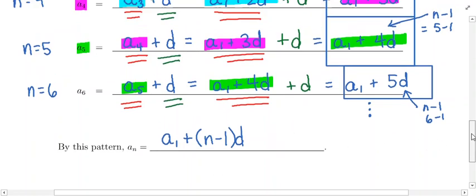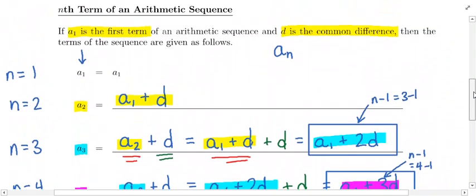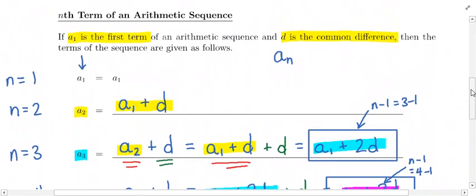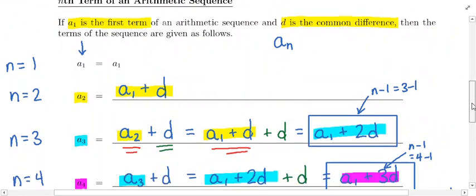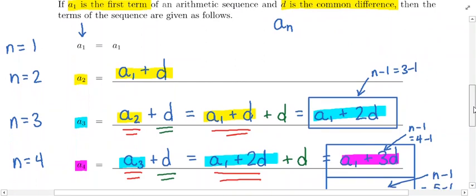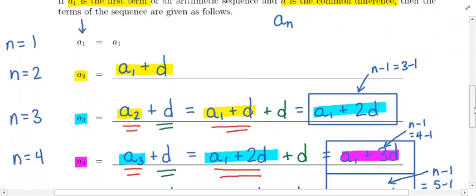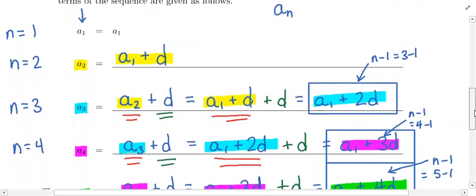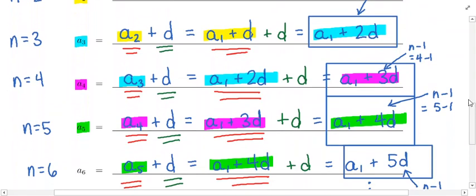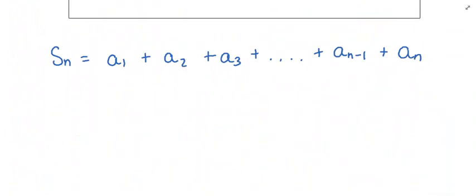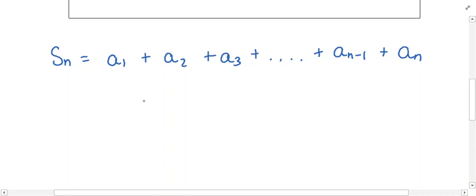To do that, we did this little exercise where we started writing out the first 6 terms of the sequence, and we tried to make each one in terms of A1 and D. We just called A1 A1, and then we said A2 is the same thing as A1 plus D, and then we said A3 is A1 plus 2D, and so on. Hopefully you remember doing that. So I'm going to use that information here.